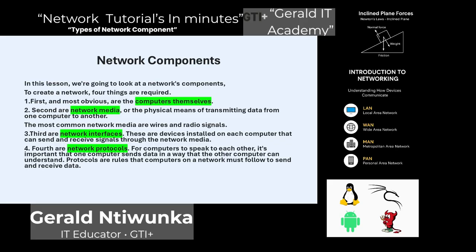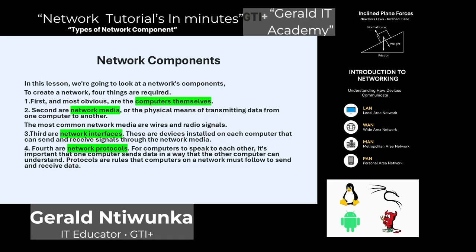These are devices installed on each computer that can send and receive signals through the network media. The fourth are network protocols, which we will treat in this particular section.